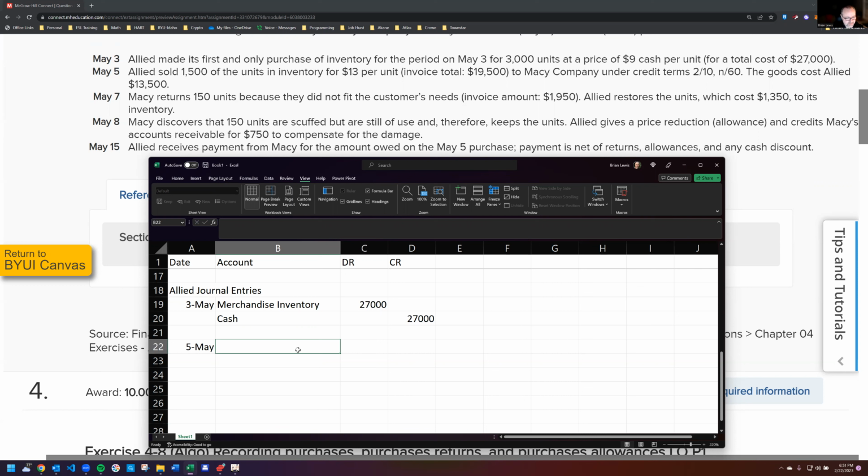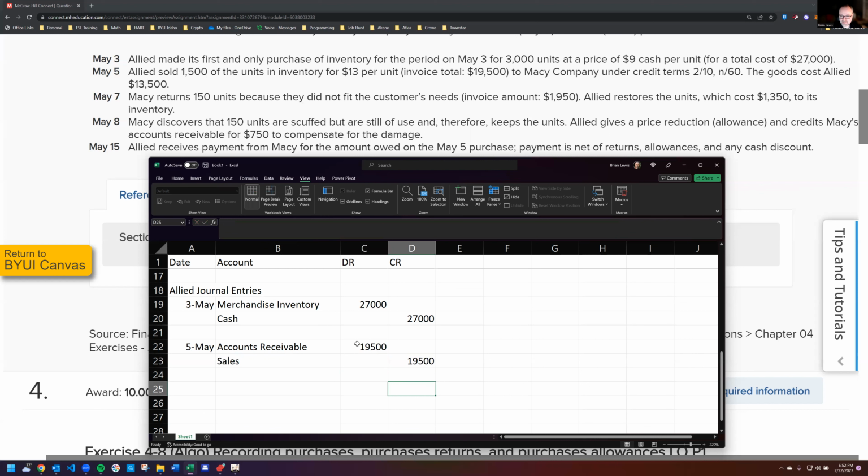First of all, they're selling it on credit. So we're going to accounts receivable, and we're going to have sales. Total Allied sold 19,500. So 19,500 is their receivable and 19,500 is their sale.